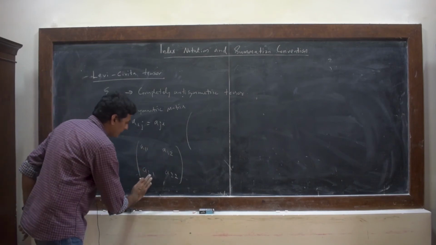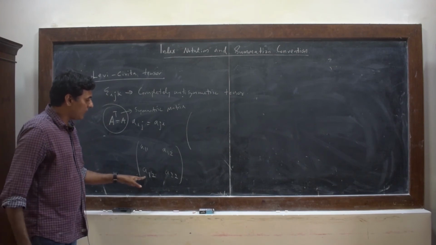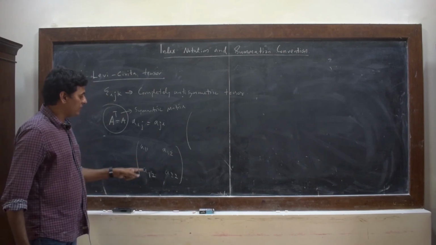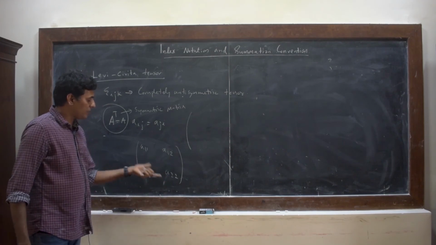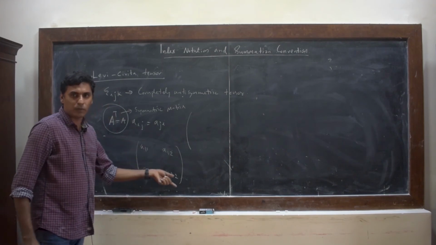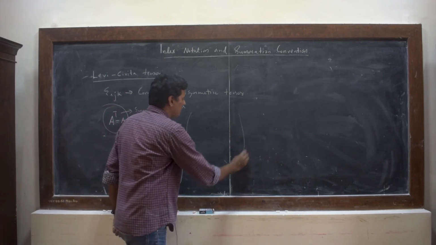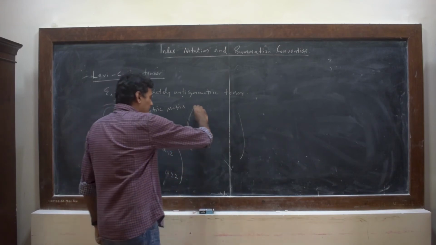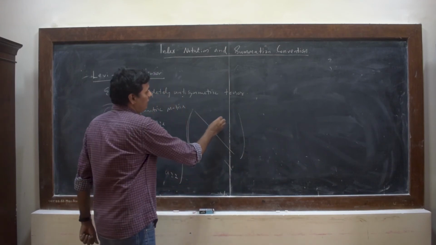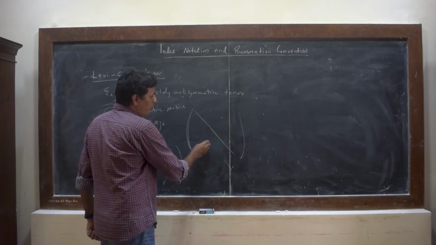That means A12 is equal to A21, this will be the form. There are no restrictions over the diagonal elements; in the antisymmetric matrix, they were 0. So when you write an n cross n matrix, you will have diagonal elements, and whatever appears in the upper part will appear in the lower part as well.